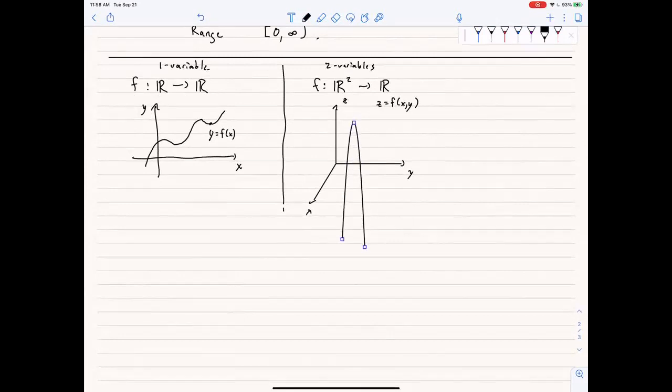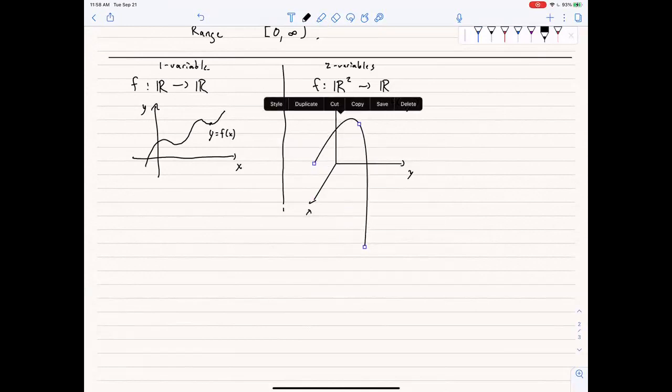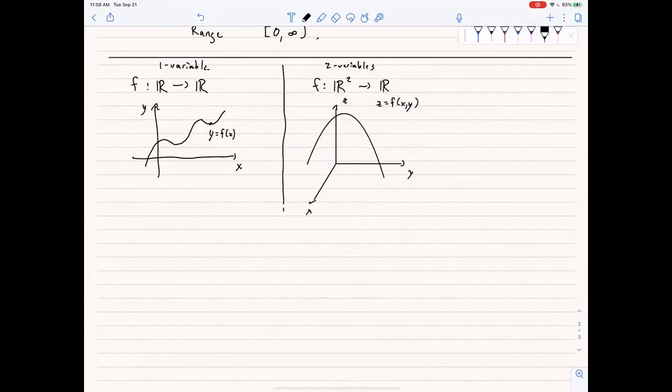There we go. Oh, I always do this wrong. So you can imagine a function defined on the plane, say.